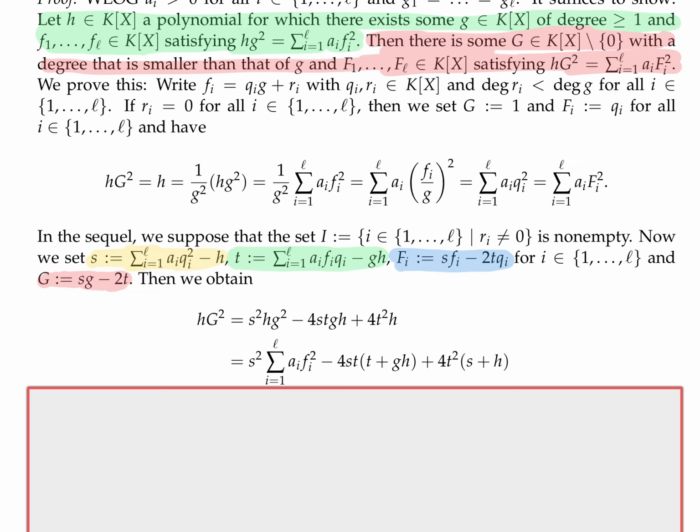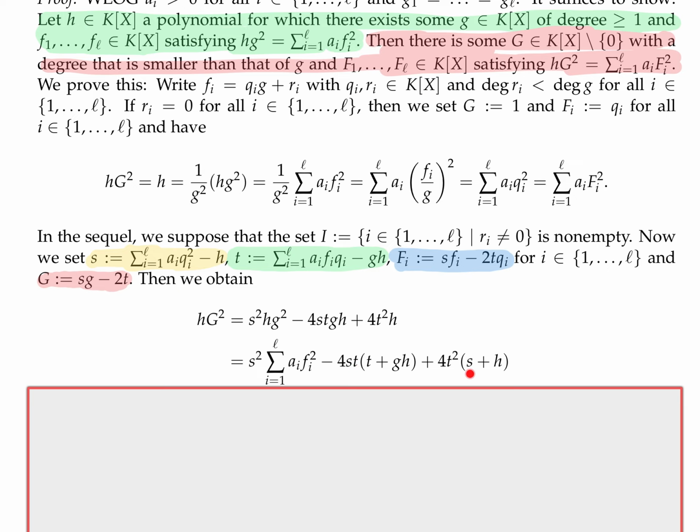And so here I artificially introduce the term t here, right? And I have to compensate for this, namely now I have minus 4st squared. Yeah, I've subtracted 4st squared, which I have to add again.